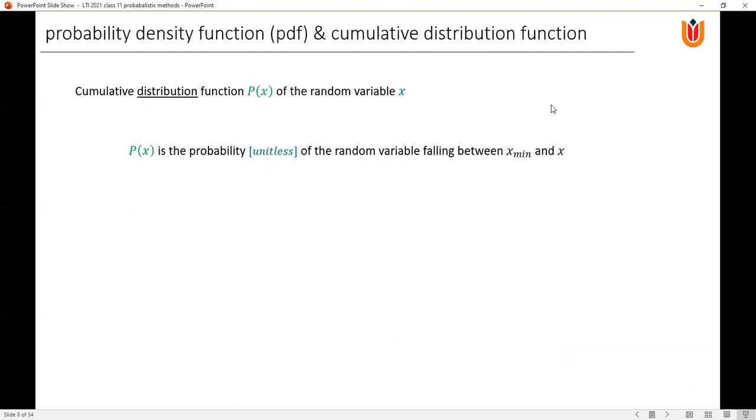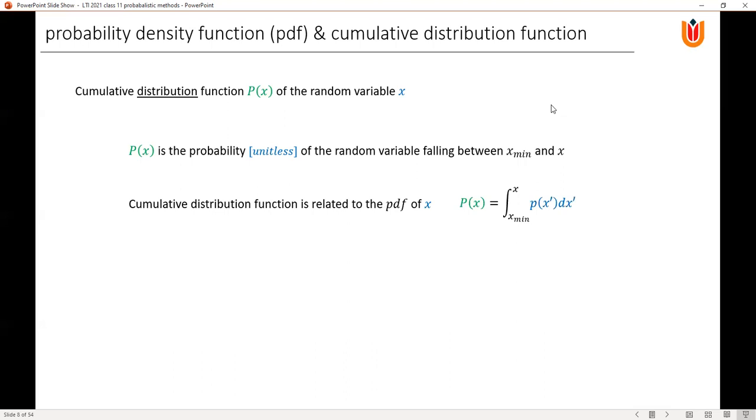I do hope that the rest of my equations are in the slide. We could also calculate the cumulative distribution function. That is in green here. It would be the probability that this random variable x falls within the range from x minus, the lower range that the variable is allowed to take, up until some value x.